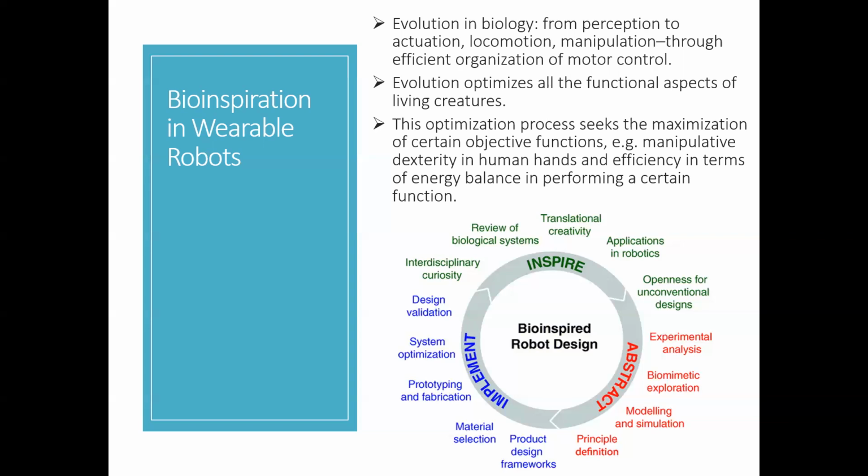There are certain features that need maximization and improvements, and so it's a whole life cycle of evolution that goes into our robot designs as well. So when you're dealing with a robot for rehabilitation, one has to be very careful whether the robot has gone through such evolutionary stages or not, and only then can you be confident of using it with the human user.